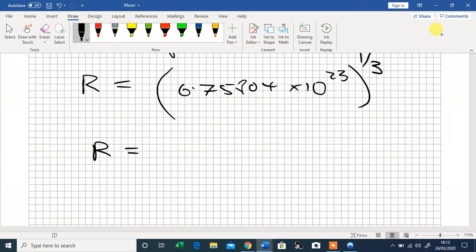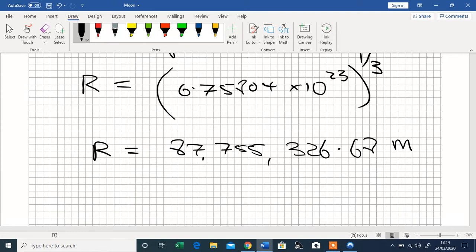So anyway, we find that r is equal to 87,355,326.68 meters.